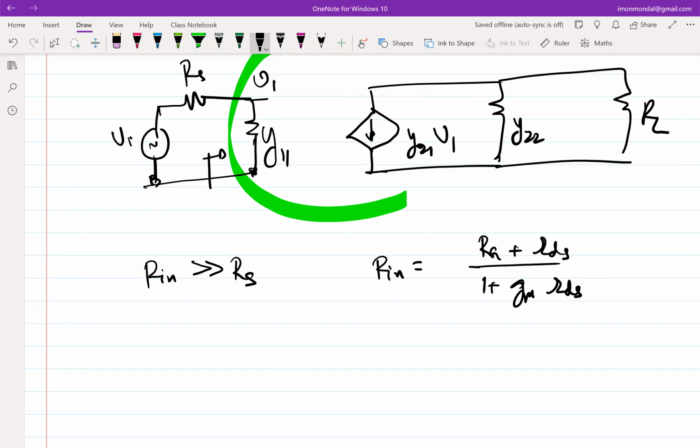If we assume GMRDS to be high, because that's what we want, this becomes approximately RG by GMRDS plus 1 by GM, and this has to be much greater than RS. From there you get a constraint on RG.